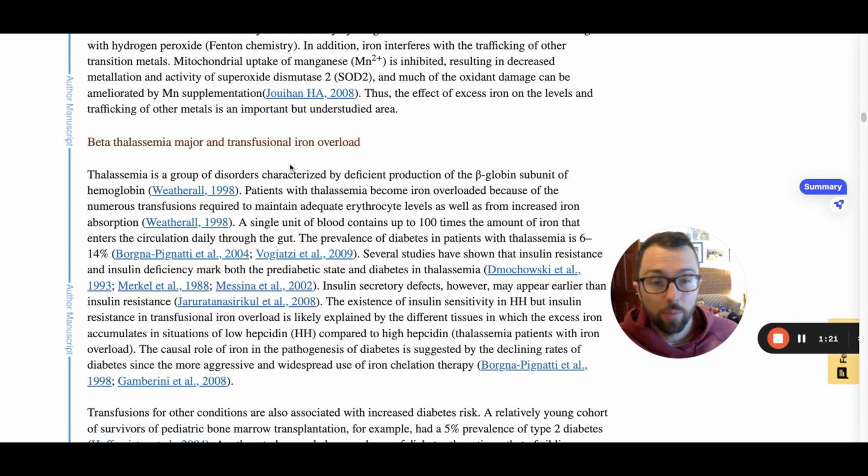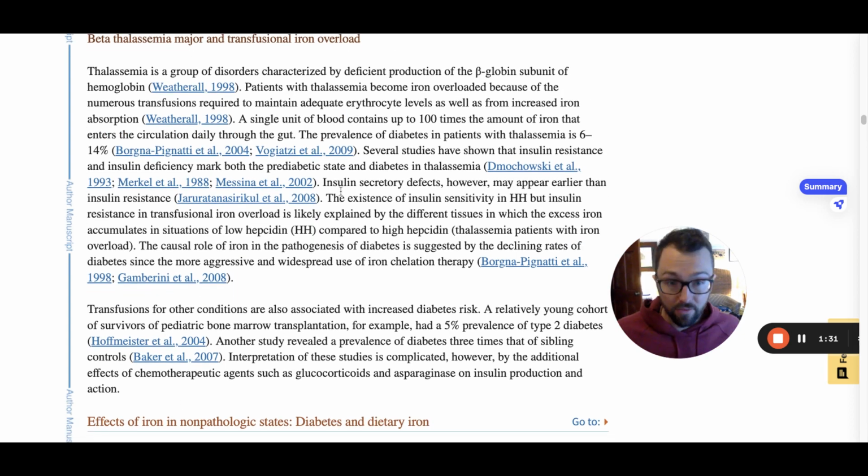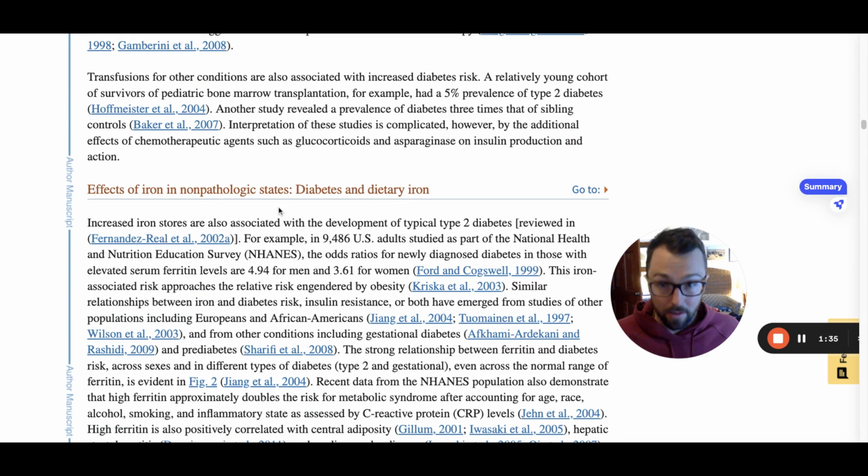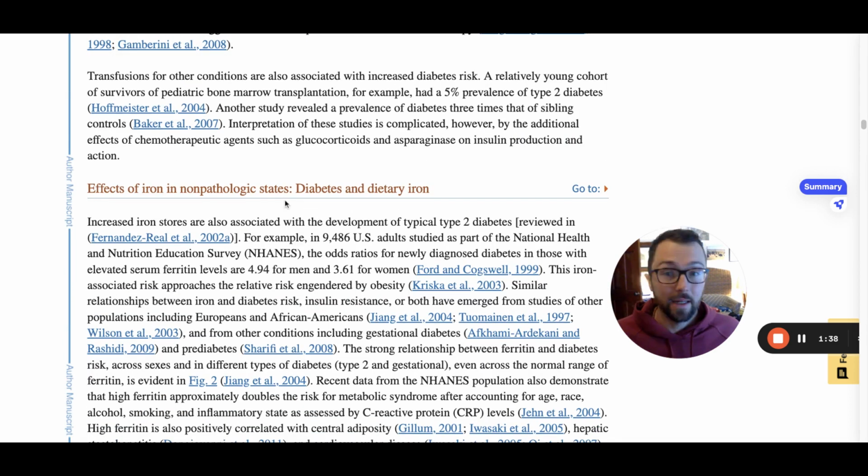And this group of people is reliant on blood transfusions. And anytime you're getting a blood transfusion, you're getting huge influxes of iron, which leads to these inflammatory conditions like diabetes. There are also things in non-pathologic states like dietary induced iron overload or secondary iron overload.